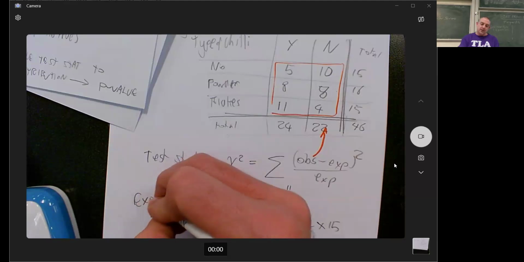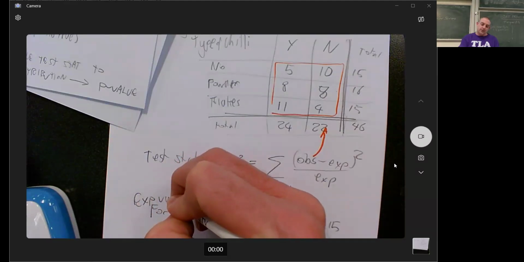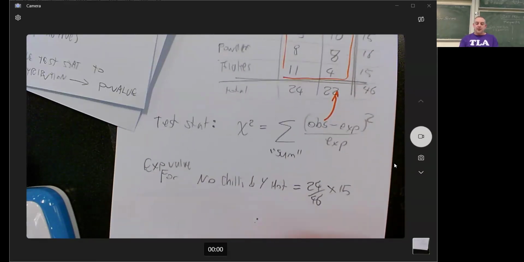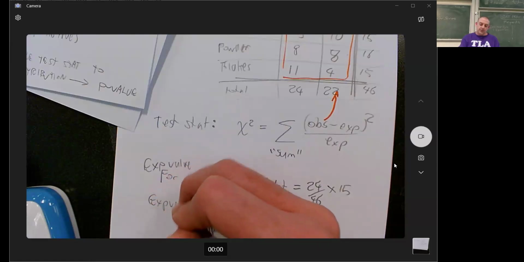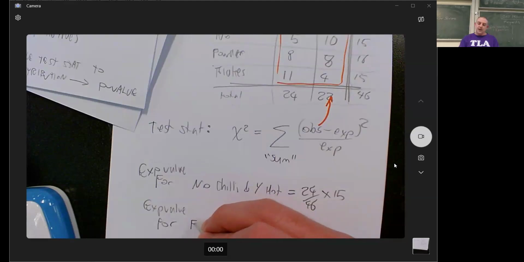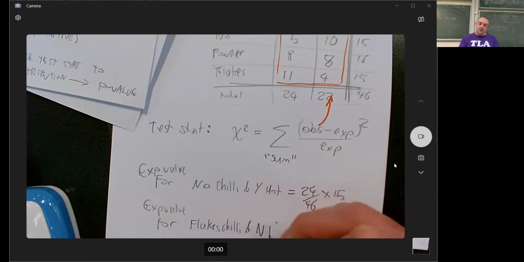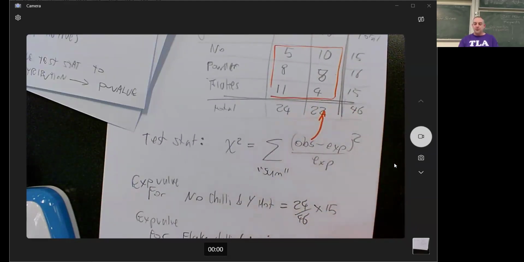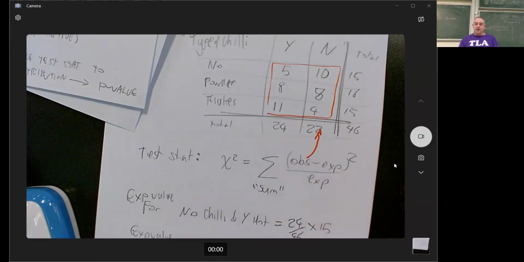So the expected value for no for chili and yes for hot is this. And the expected value, let me just pick another random one, for flakes chili and no for hot. Well, it's 22 out of 46 for the no's, and there's 15 in that group. And so that's what I did.